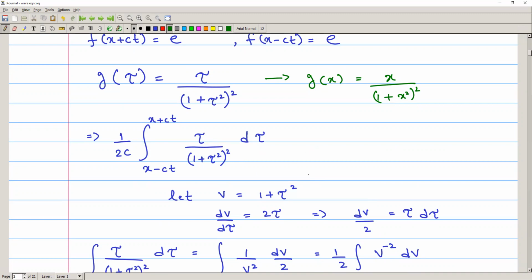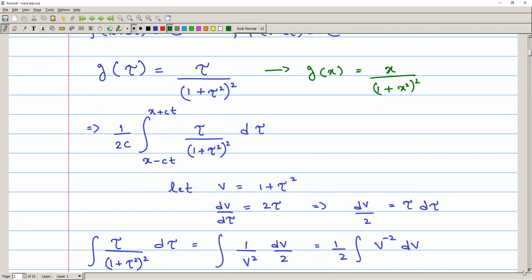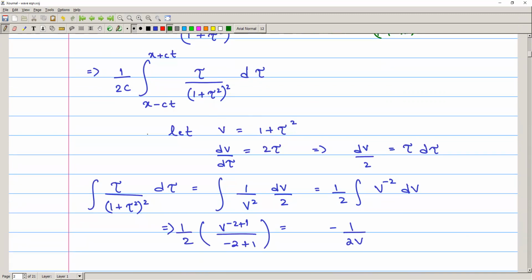We will integrate this function by using the substitution method. So we assume that v = 1 + τ², and from here we got the value of dv/2 = τ dτ, and we will plug in this equation. Then we will get 1/v² dv/2.